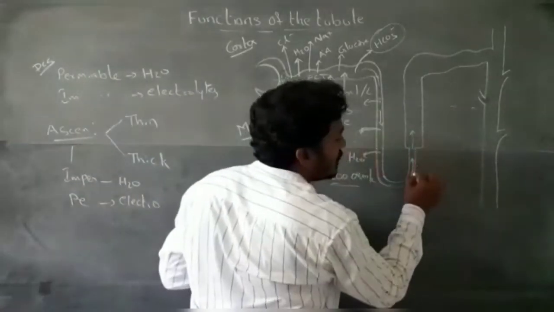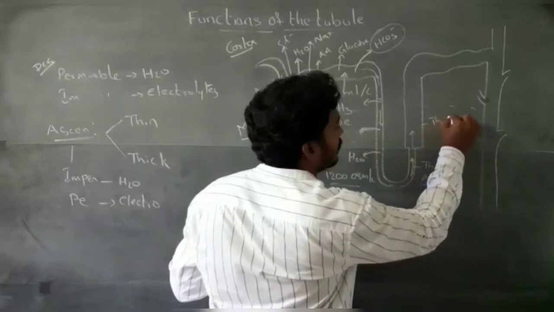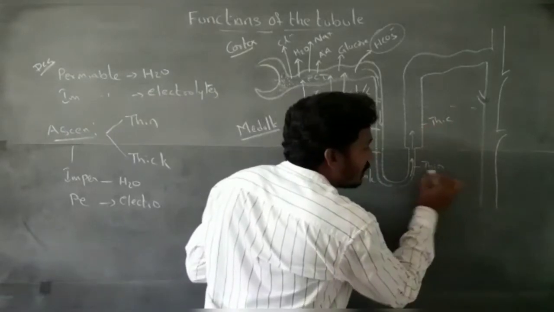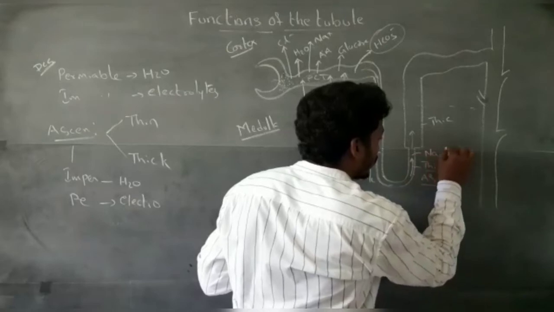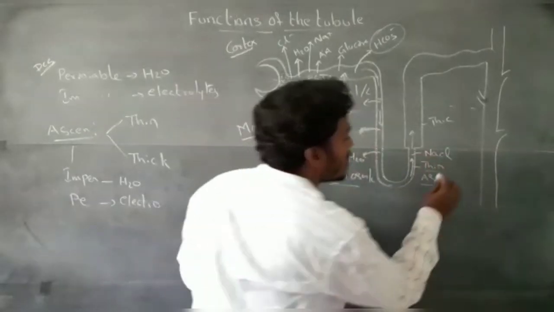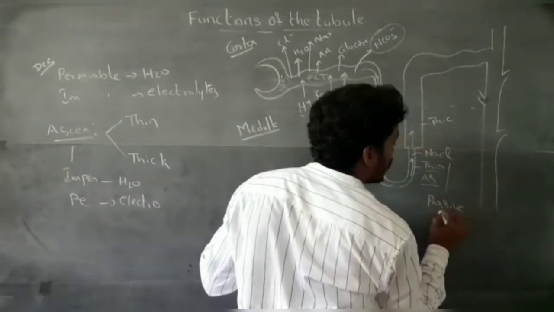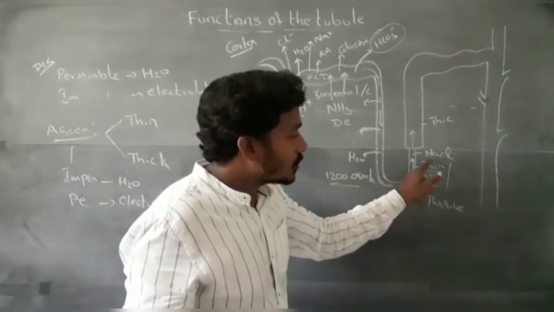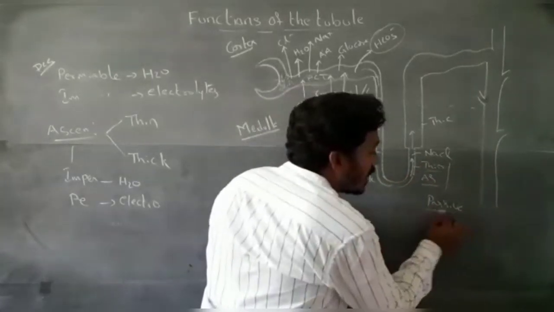The ascending limb has two regions, the thin and the thick region. In the thin segment, sodium chloride is reabsorbed by passive transport.